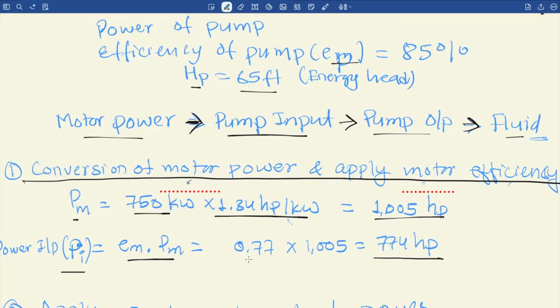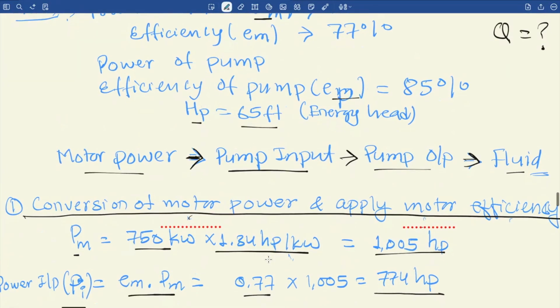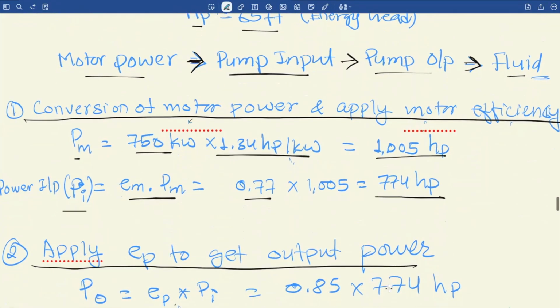The efficiency EM is 77%, and PM, the power of motor, is given, so we will have 774 HP.